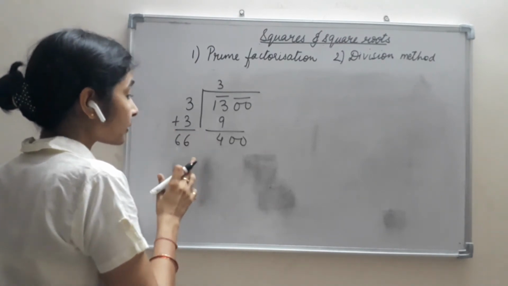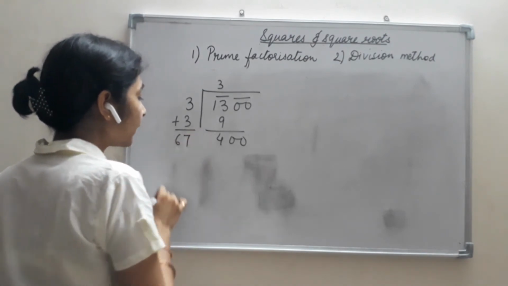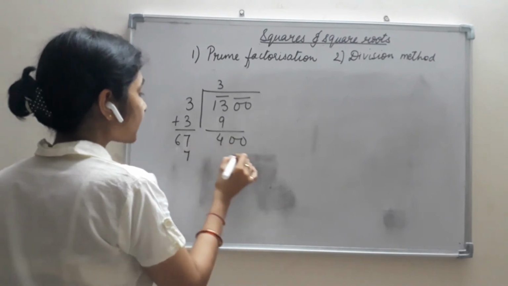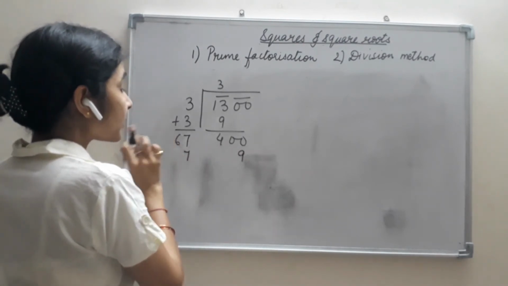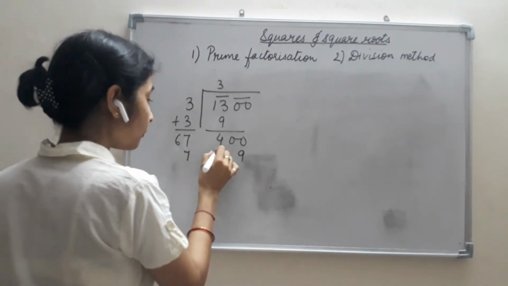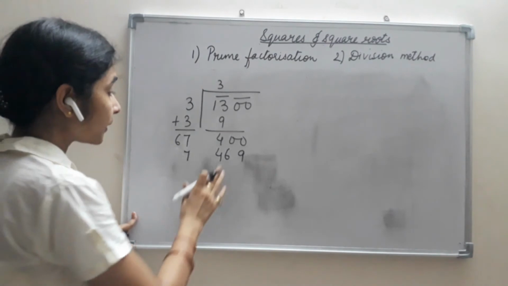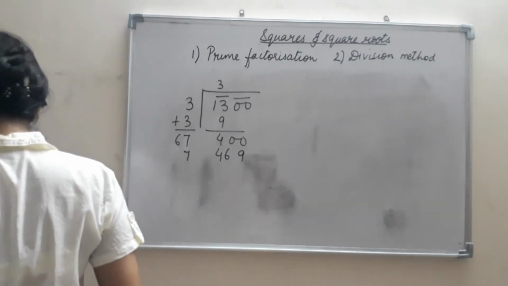Now if I take 7, then the number will be greater than this. See, 7 7s are 49. 7 6s are 42, plus 4 gives me 46. Now it has gone greater than 400. I can't take that. I have to take 6.